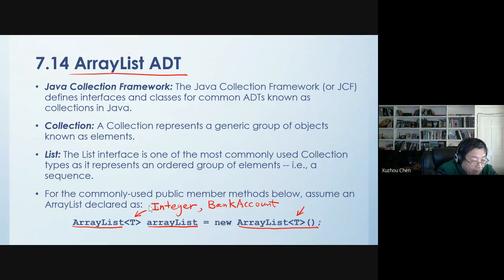Once you declare this list for elements of a T type, like Integer type or BankAccount type, we can use the methods to manipulate these objects.